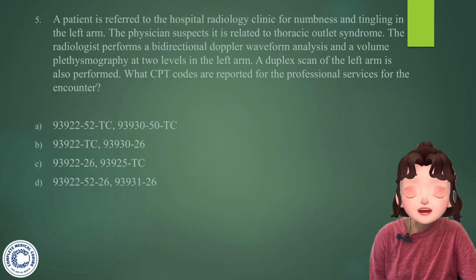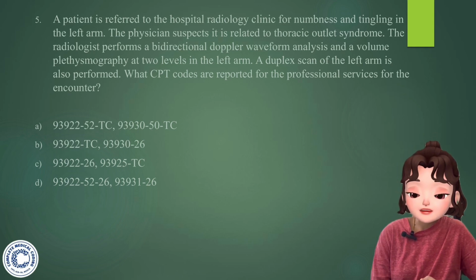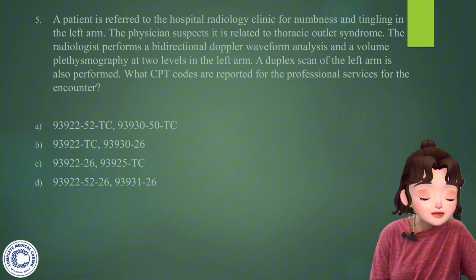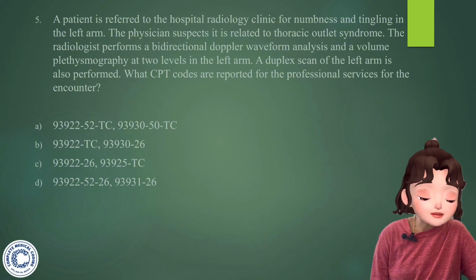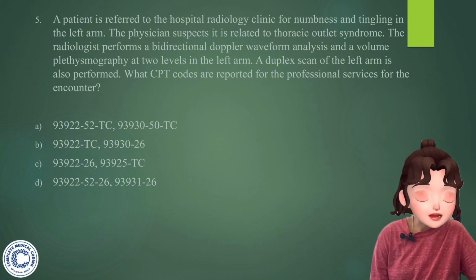Now, what is 93930? 93930 is duplex scan. Again, you have to code for duplex scan. Duplex scan of upper extremity arteries or arterial bypass graft, complete bilateral study. Is this a complete bilateral study? Or what is the 93931 code?